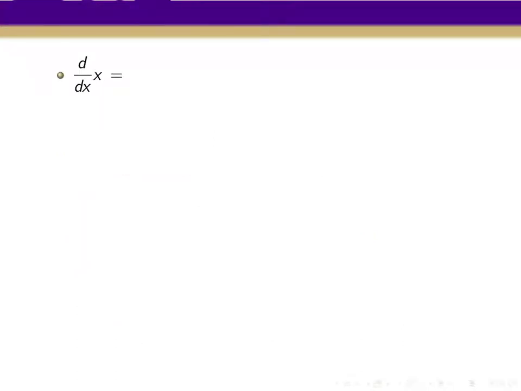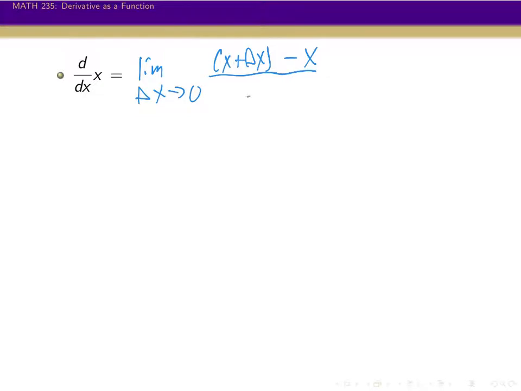Okay, so let's work out some derivatives of some common simple functions. I think we might have done some of these before, but let's just hammer them out. These won't take so long. So what if we're doing the derivative of just x? So limit as delta x goes to 0, plugging in x plus delta x, I'd have x plus delta x minus plugging in x would just give me x. And this is all over delta x.